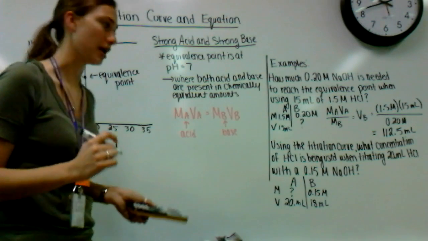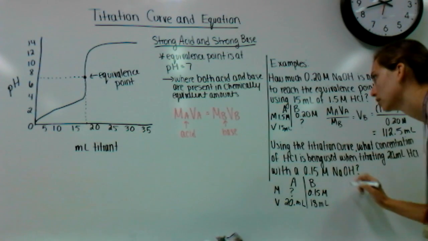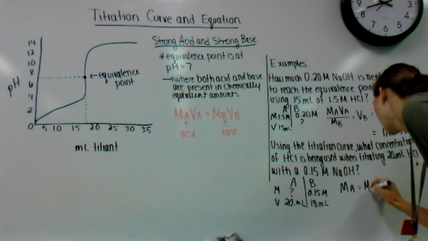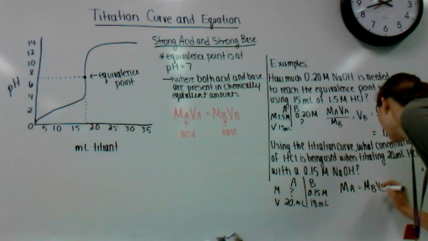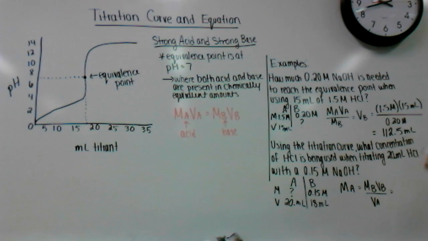So now we're solving for MA. So we're going to divide both sides of our equation by VA. So we get MA is equal to MBVB over VA. We're going to plug in our numbers. So we have 0.15 molar times the volume of our base, which is 18 milliliters, divided by the volume of our acid, which is 20 milliliters.